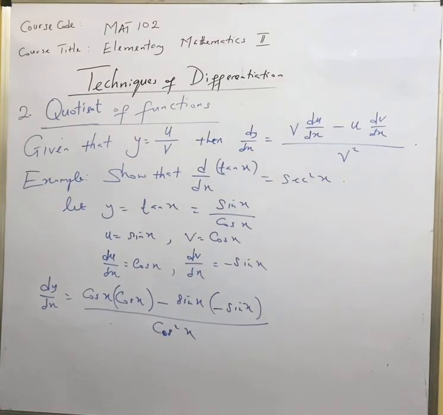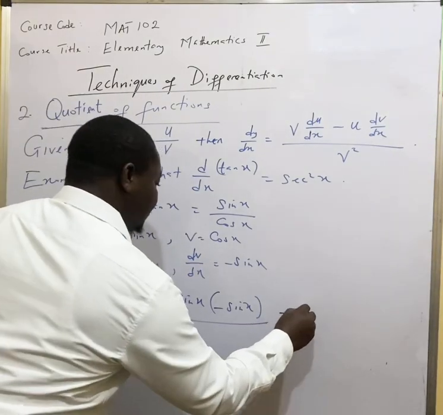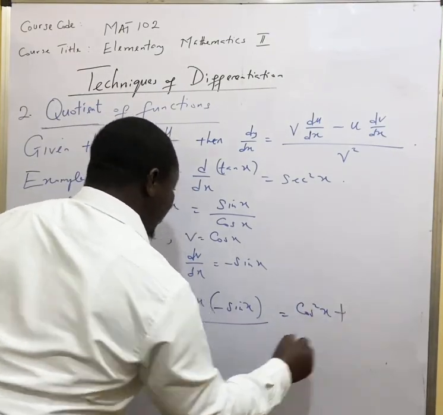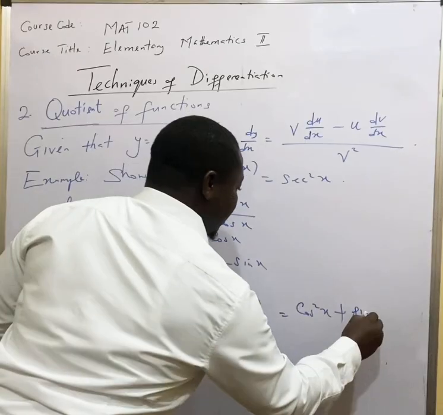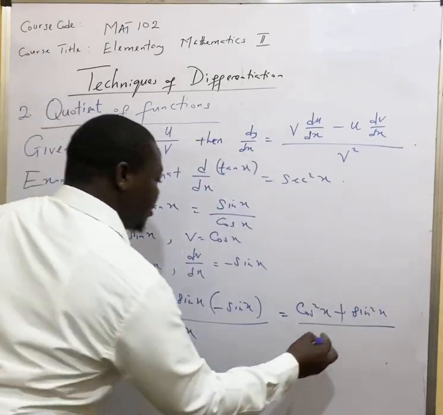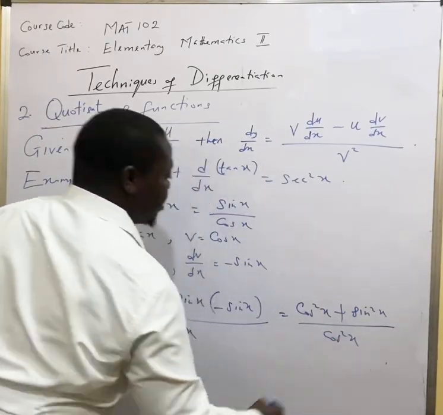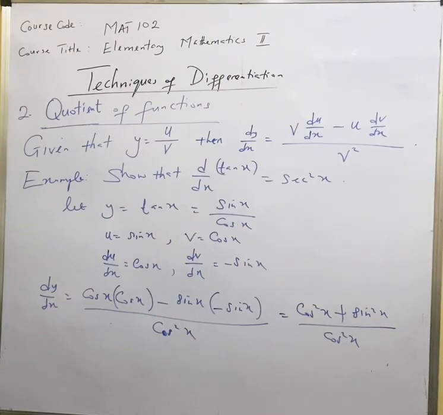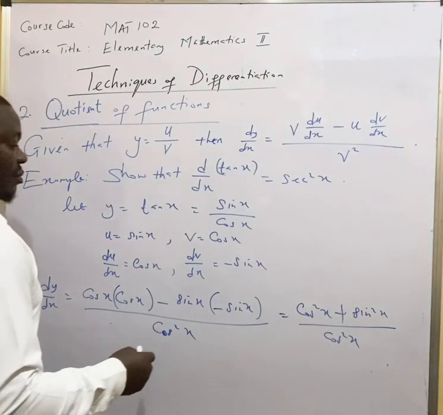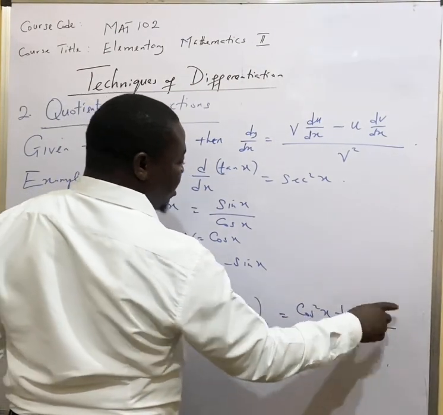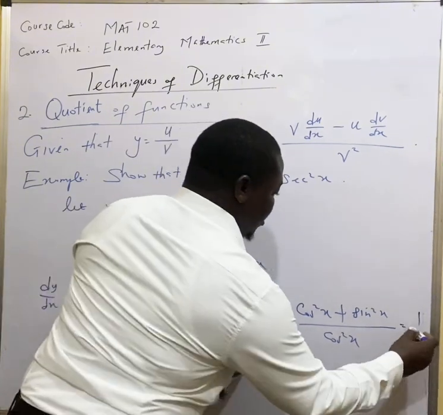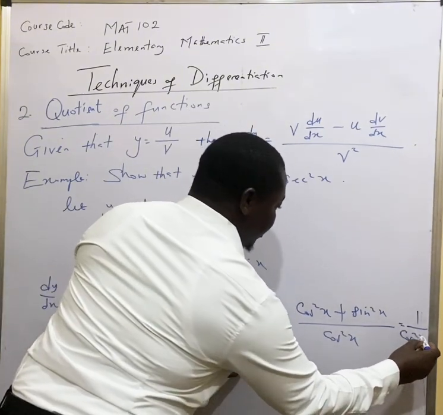If you simplify this, we'll have cos squared x plus, minus times minus is plus, sine squared x all over cos squared x. So if you look at this, cos squared x plus sine squared x equals 1. So we have 1 over cos squared x.